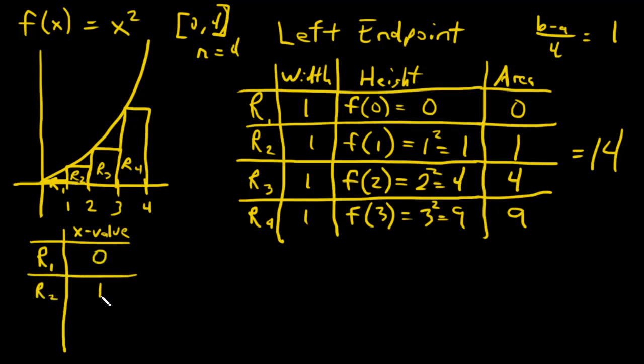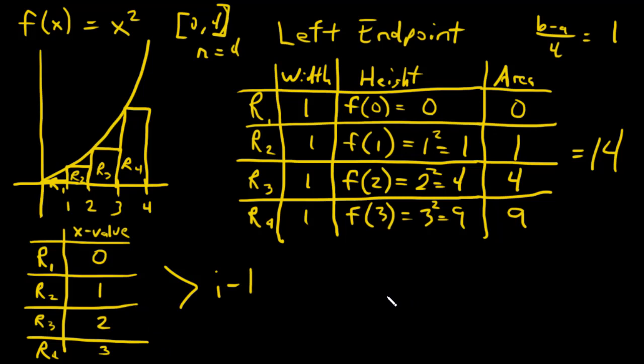R2, 1. R3, 2. And R4, 3. So what is the relationship between the rectangle number and the x value? 1 to 0, 2 to 1, 3 to 2, 4 to 3. Exactly. It's minus 1. So this relationship is no longer i, it is i minus 1.